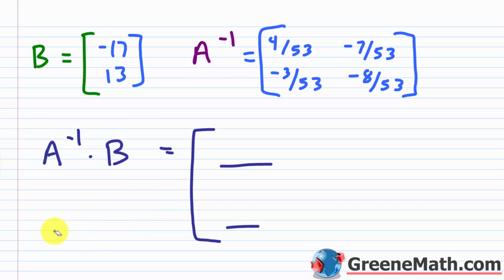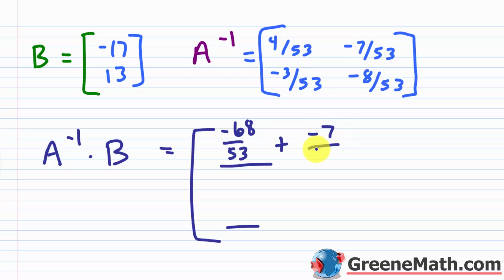We want to start with this entry here, and that's going to come from this row times this column. So you're going to have 4/53 times -17. That would be -68/53. And then you'd have plus this guy times this guy.